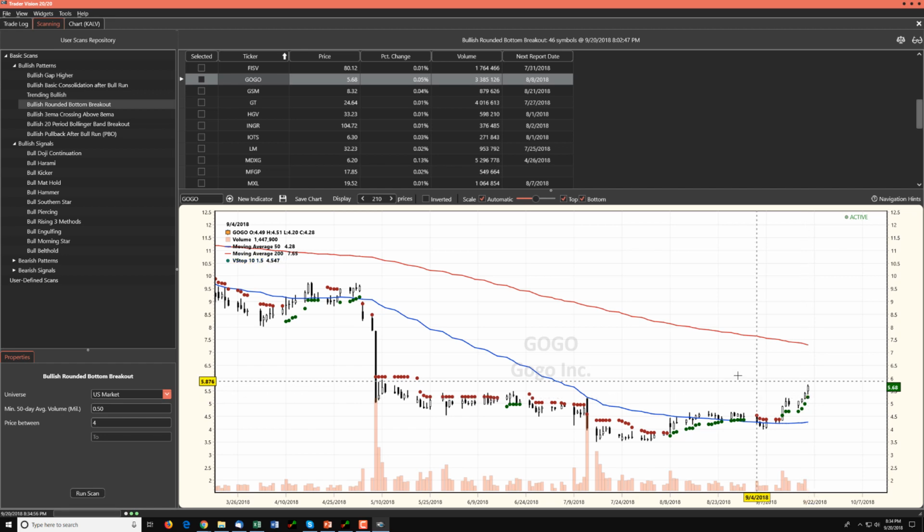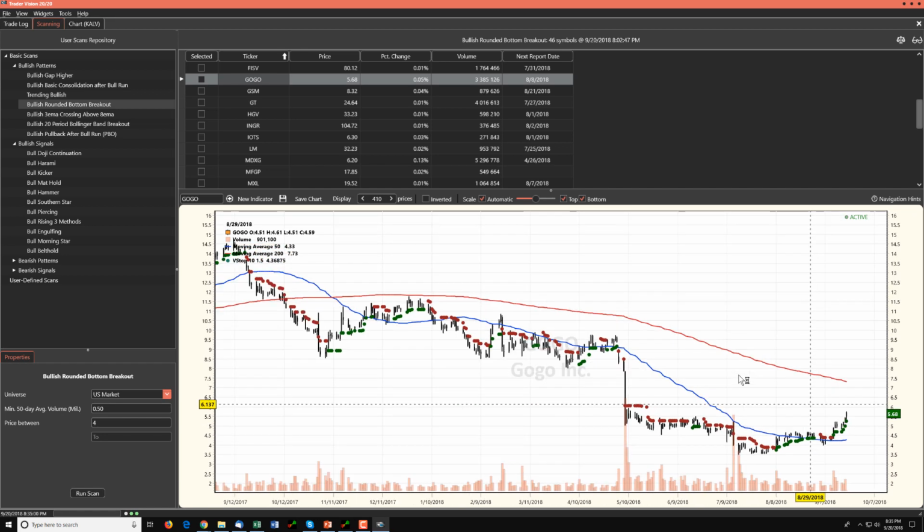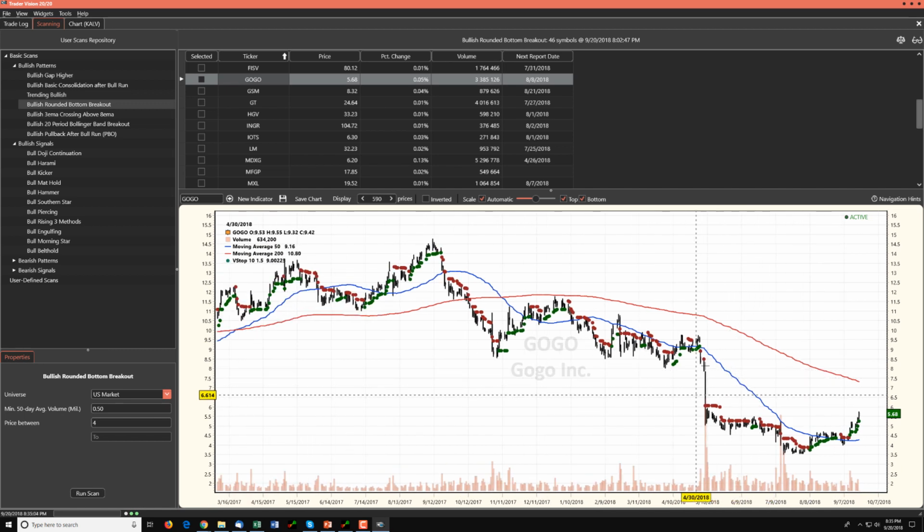Where's our target going to be? I think this waterfall is going to act like a gap. So I'm not even really going to worry about it, though I might put a first target in there about 7.25, just because the 200 is there. But really, I think the first one's probably going to be up here about $8.